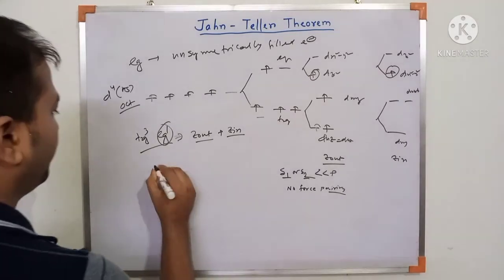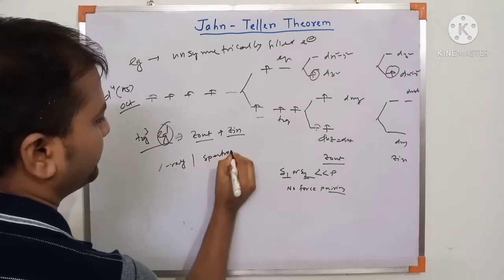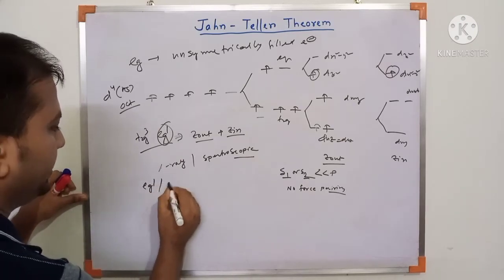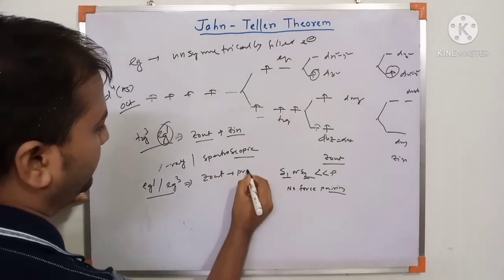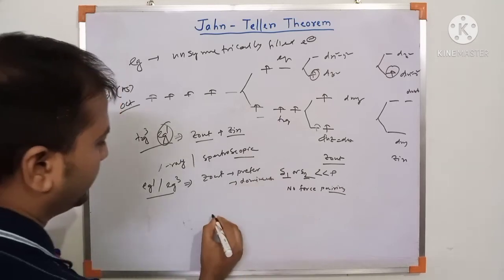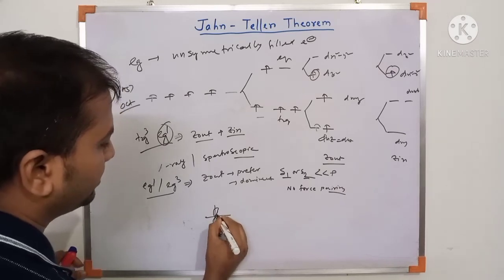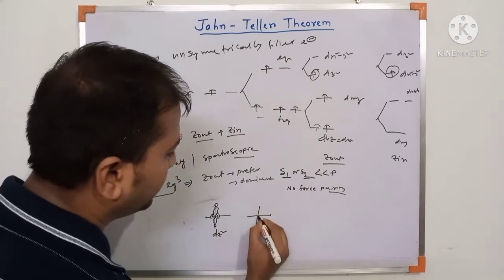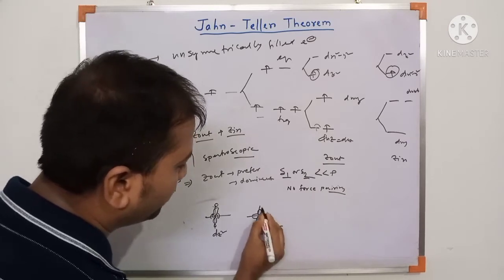So with the help of X-ray or some spectroscopy, we say for EG1 or EG3 the z out is preferred or dominant, because in the z in dz square orbital there is two lobe interaction with the ligand, but in case of dx square minus y square, there is four lobe interaction with the ligand.